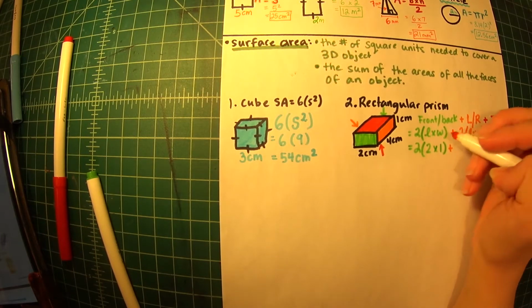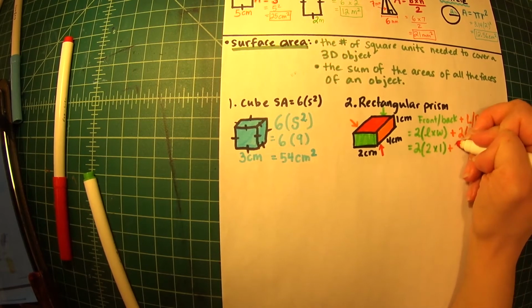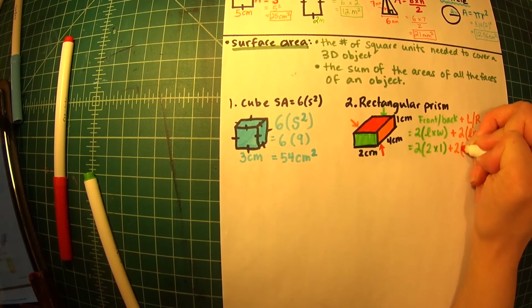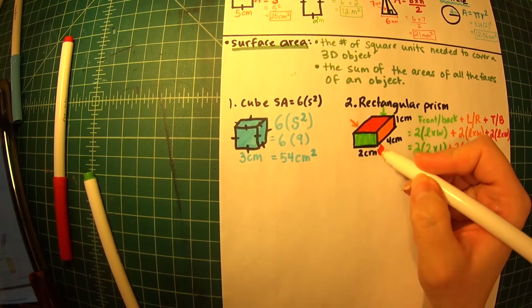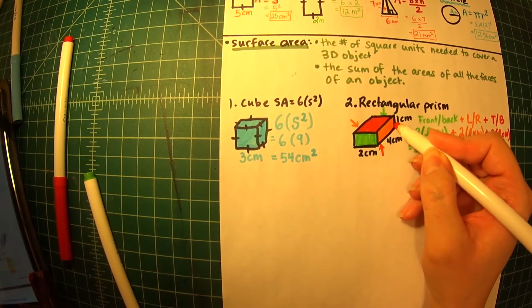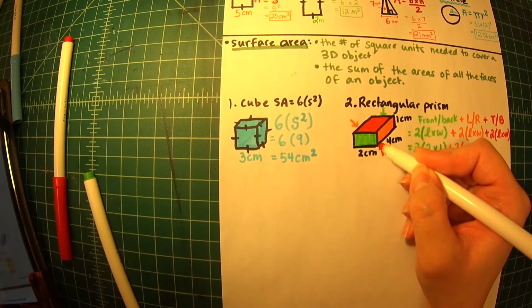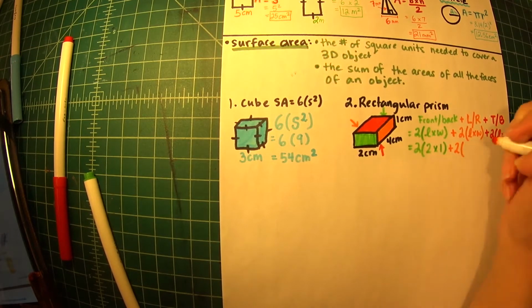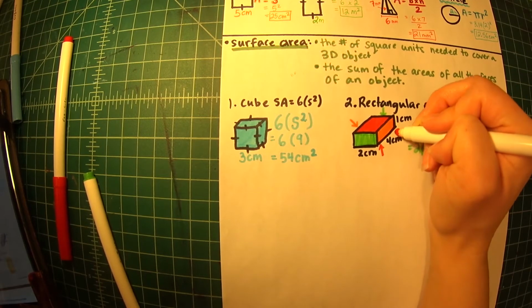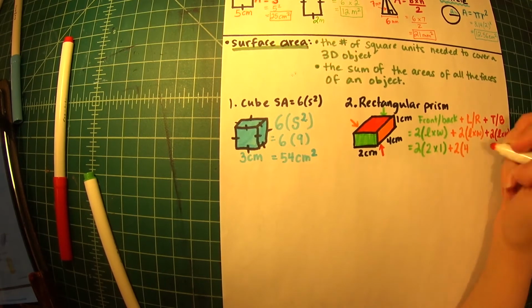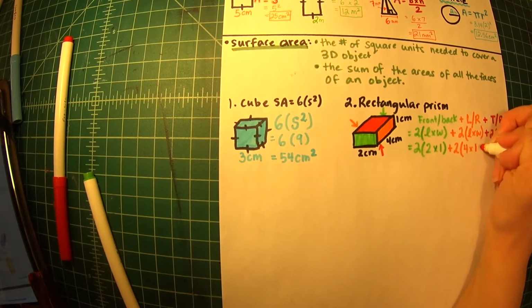Okay, next for my left and right side, so we're going to have 2, and then let's fill in the length and the width. So the length for this right side here that we can see, shows us right on the diagram, is 4, and then the width of it shows us right on the diagram that it's 1. So 4 times 1.